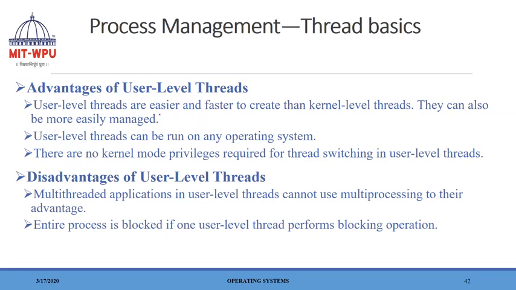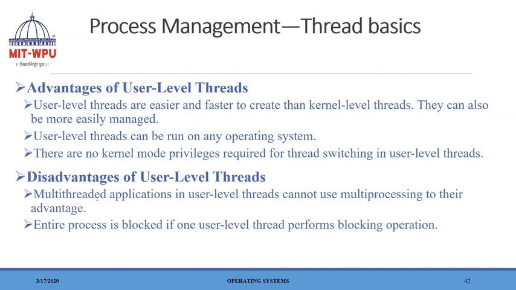They can also be more easily managed. User level threads can be run on any kind of operating system as the kernel is not involved in managing these threads. There are no kernel mode privileges required for thread switching in user level threads.